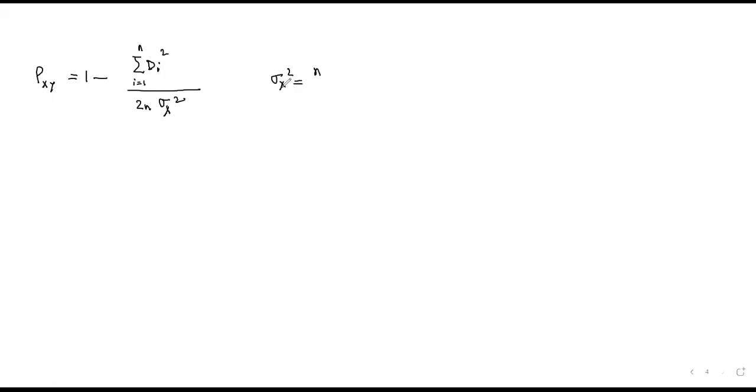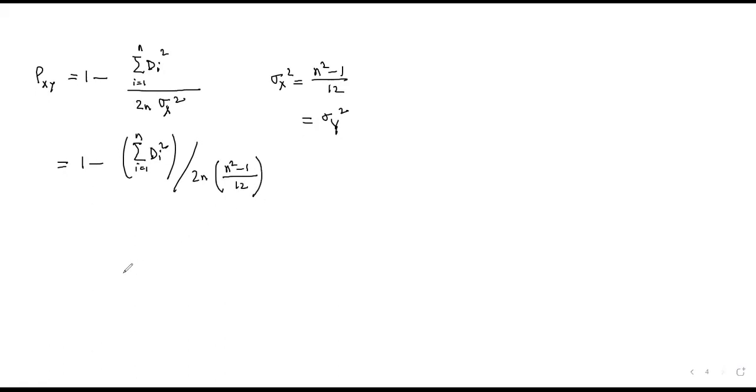Sigma x squared came out to be n square minus 1 by 12. That was also equal to sigma y squared. So we can substitute that. So we get 1 minus summation di square, i goes from 1 to n, divided by twice n into n square minus 1 by 12. And you have to simplify this quantity.